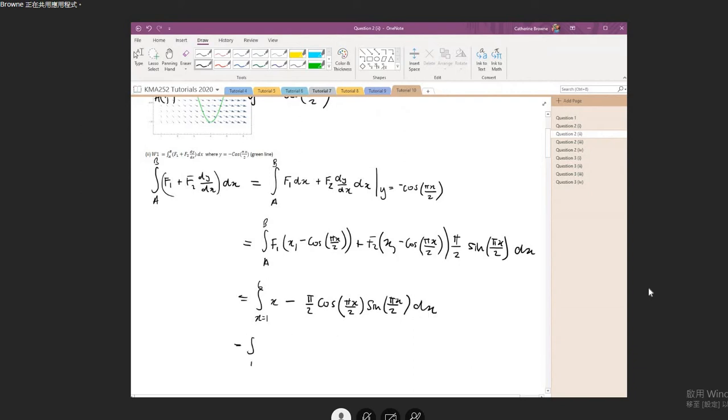And we can use the double angle formula there to get minus pi on 4 sine(pi x) dx.